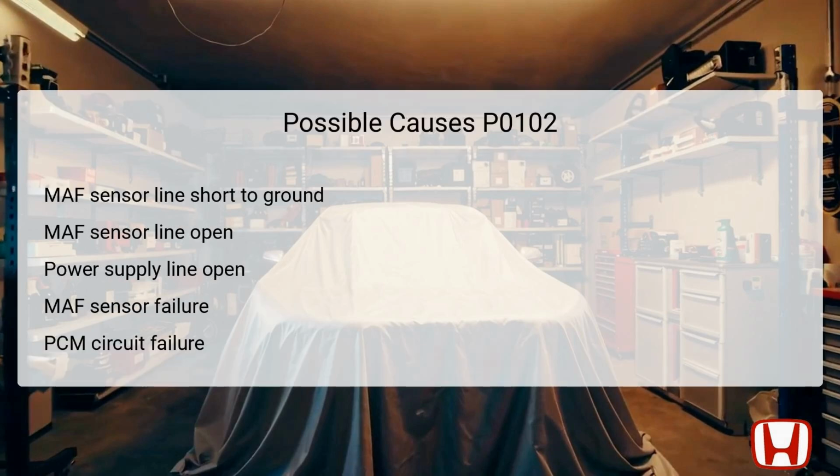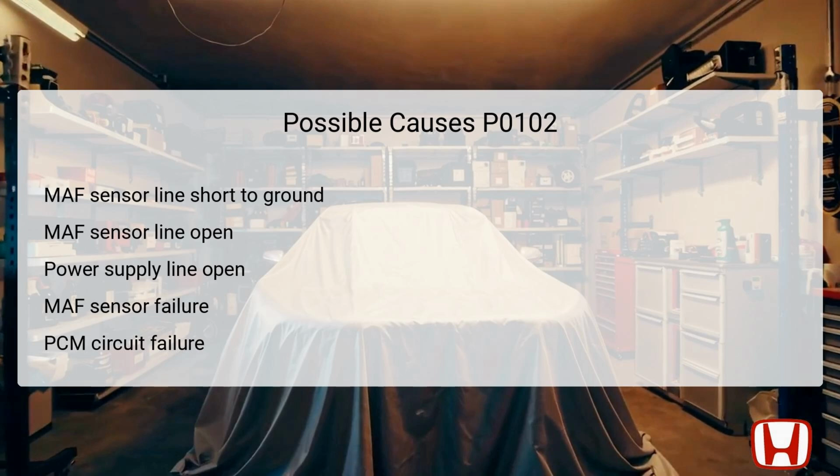When diagnosing the DTC P0102, several potential causes must be assessed. The first possibility is a short to ground in the MAF sensor signal line, which could disrupt the voltage signal sent to the PCM. A disconnected or open MAF sensor line can also lead to no voltage being registered, resulting in inaccurate airflow readings.